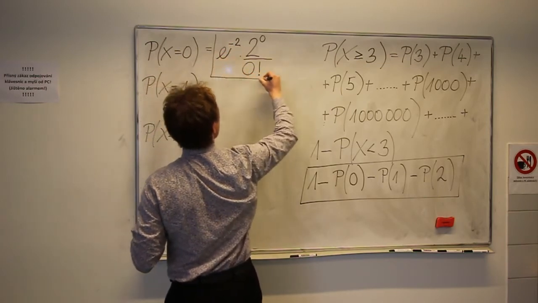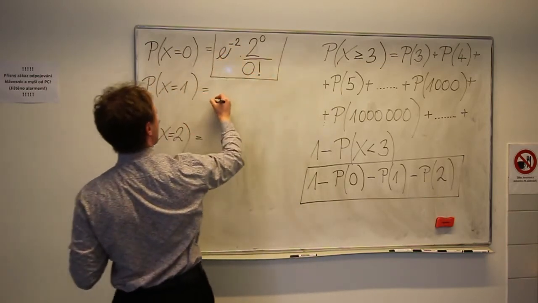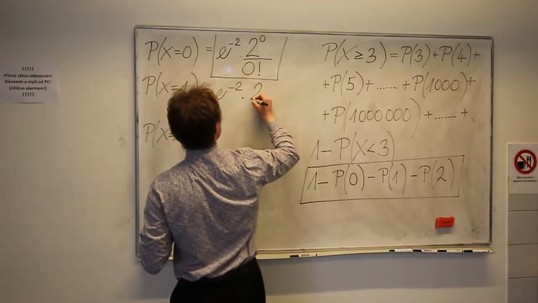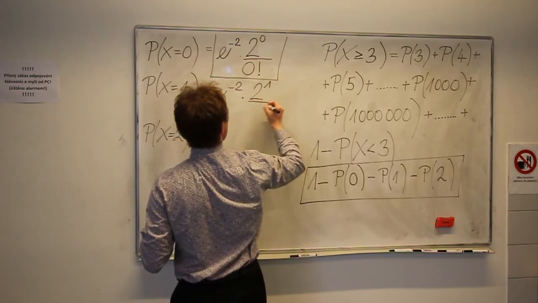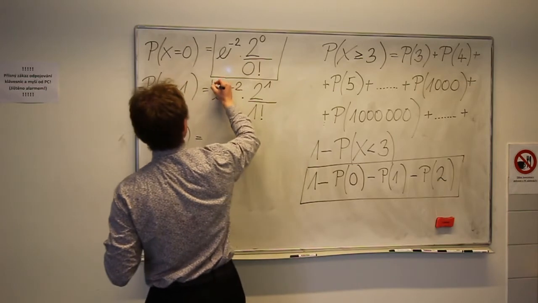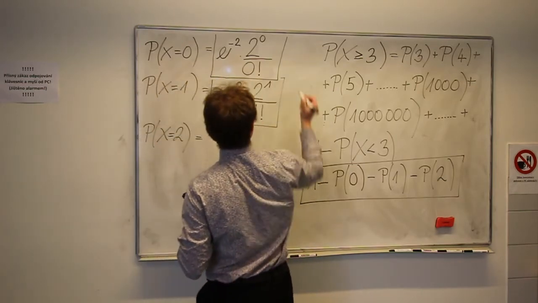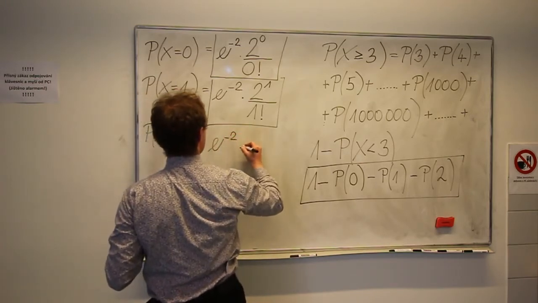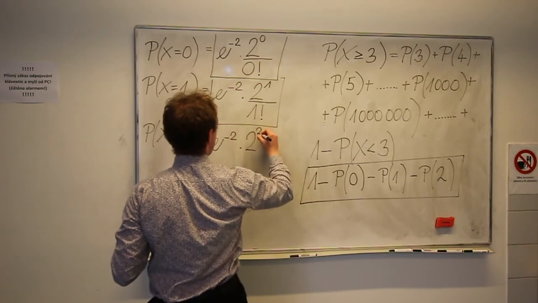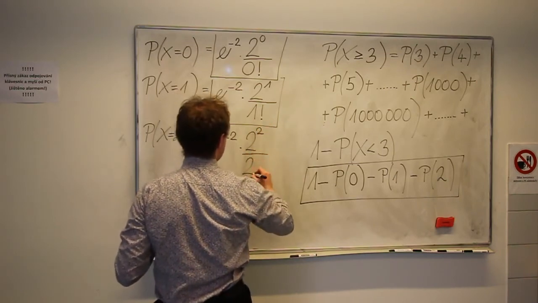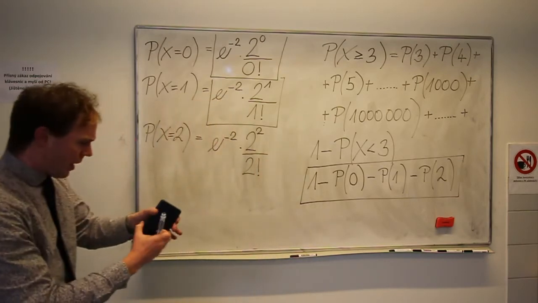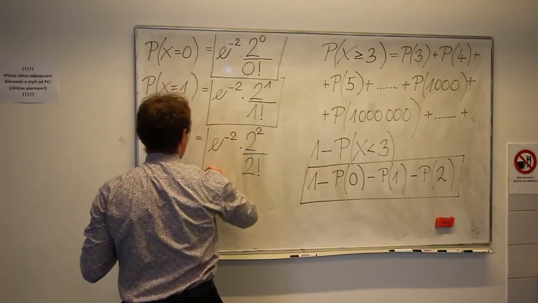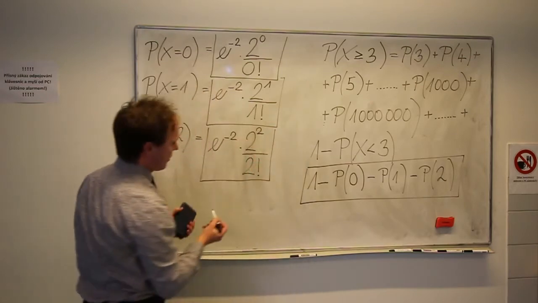This will be the first probability function. Second one, Euler powered by minus lambda times lambda powered by 1 divided by 1 factorial. And here Euler powered by minus lambda times lambda powered by x divided by x factorial.